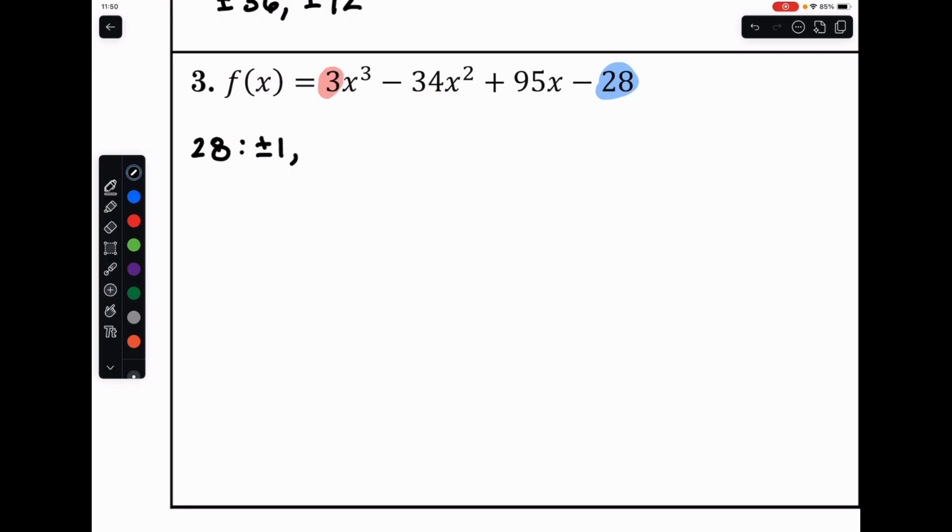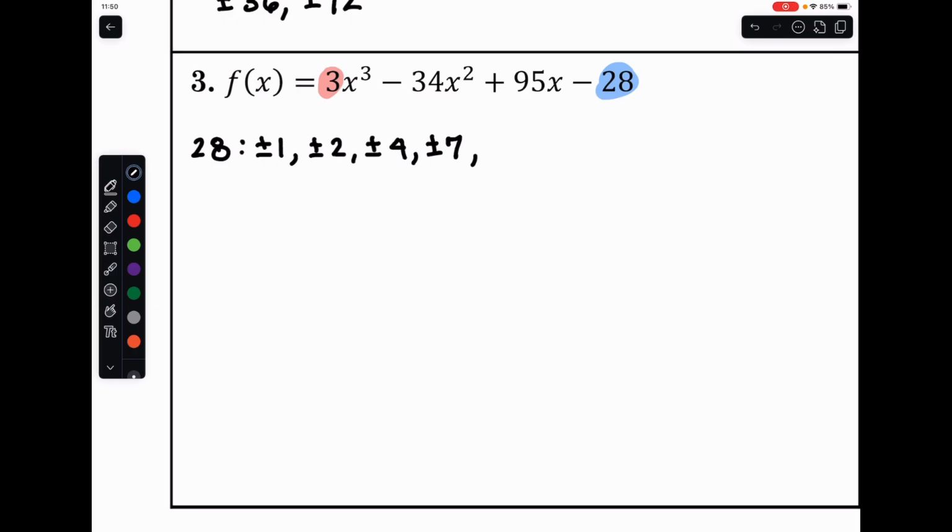So 28 can be divided by 1 with no remainder. 28 can be divided by 2 with no remainder. It cannot be divided by 3. It can be divided by 4 with no remainder. We cannot divide by 5, nor can we divide by 6, but we can divide by 7. I was going to say no to 7, but yes, 7 is a factor of 28.